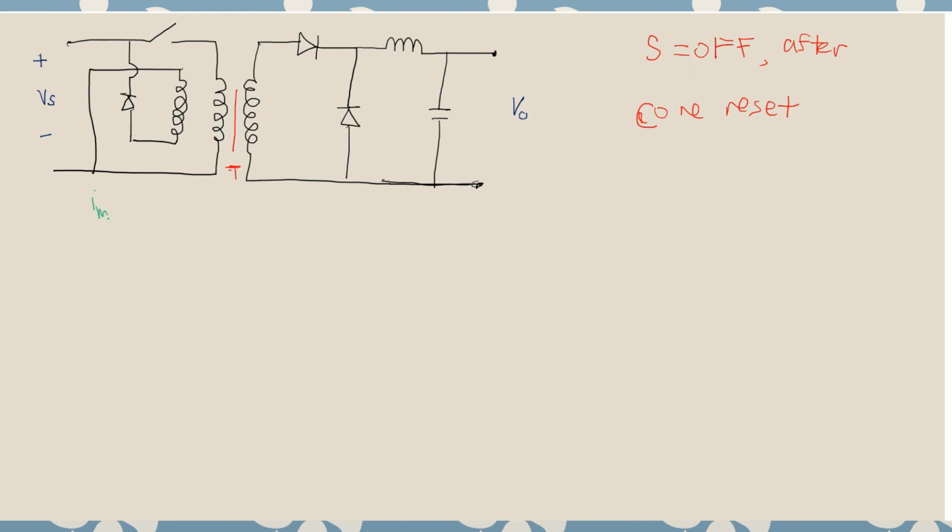Remember the IMAG? IMAG will flow in D3 and also N3, and return back to supply.